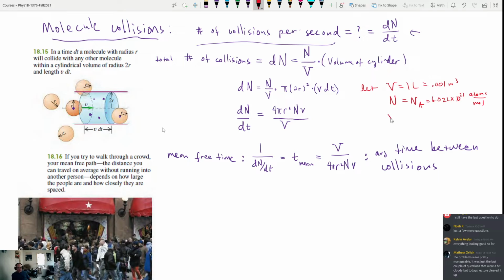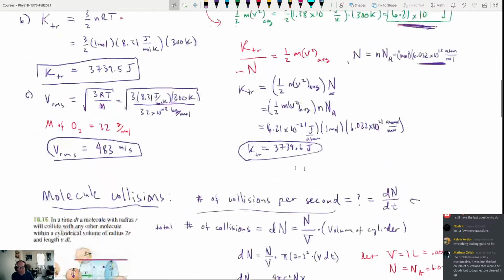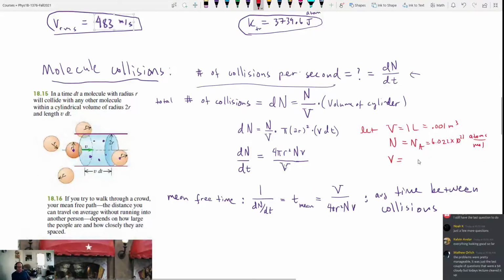And let's use a velocity. Let's say we use the velocity of one of the RMS velocities that we got from earlier. Like, let's use this one. Let's use oxygen. So let's use 483. And let's throw all that stuff in here and let's get a kind of calculation for what the mean free time will be. Oh, we need a radius of a molecule.